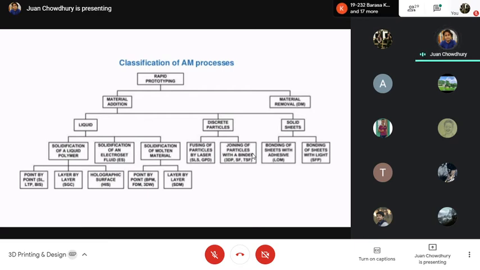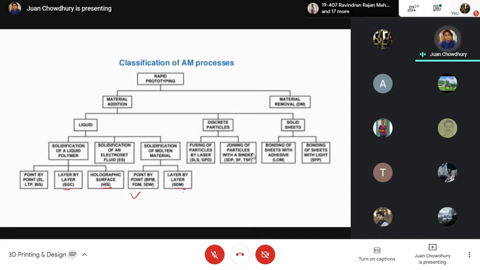Now we are looking at an overall picture which you have perhaps already seen, the classification of additive manufacturing processes. We have covered almost all liquid-based processes, FDM is covered. Holographic surface is not covered. Layer by layer SGS, I don't think it is covered, I'm not sure. Solidification of molten material, FDM is done.